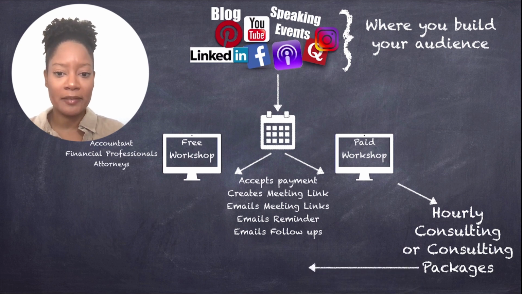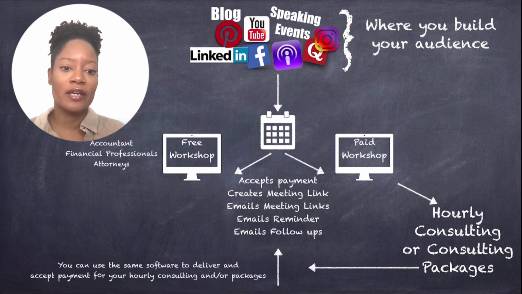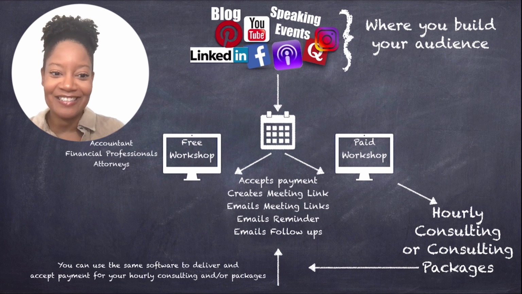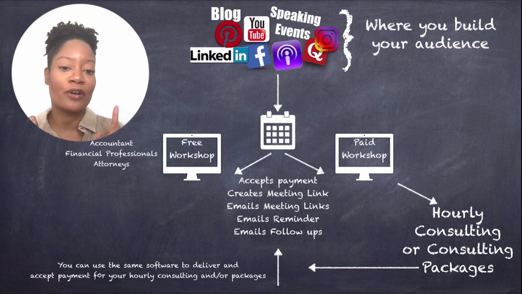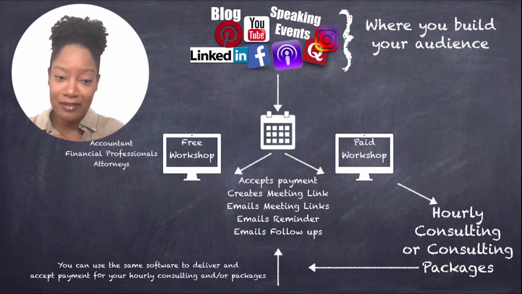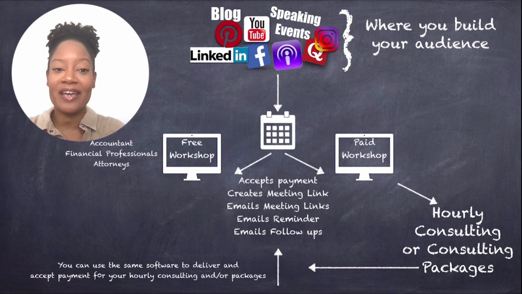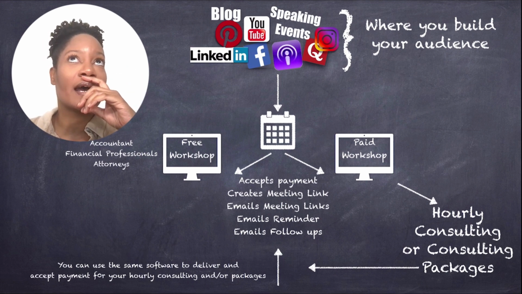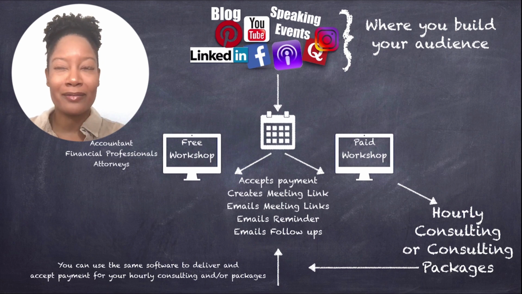So then from that, you can use the same software to deliver and accept payment for your hourly consulting or for your packages. So this software helps you bring in the leads, helps the leads pay for it, and delivers everything to them, and it's all automatic. The benefit is that before, people usually were using webinar software.